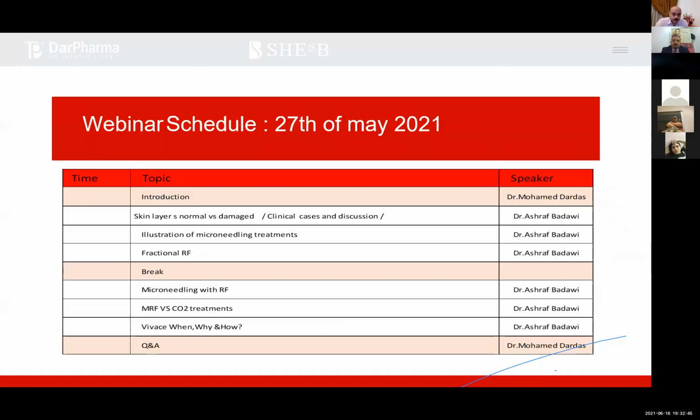The following part would be an illustration of microneedling treatments, moving to fractional RF, then microneedling with RF, then microneedling radiofrequency versus CO2 treatments, and ending with VIVACE, the microneedling device on which today's webinar reflects, and then when, why, and how. The last part of this webinar will be questions and answers.